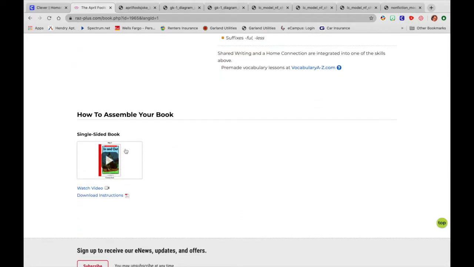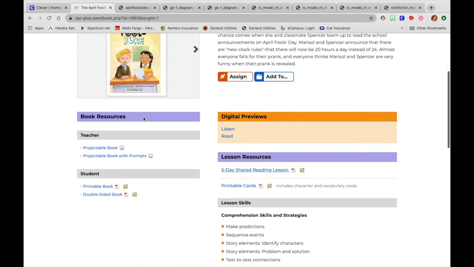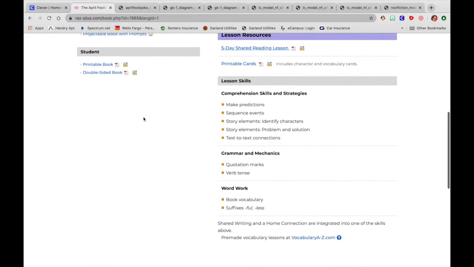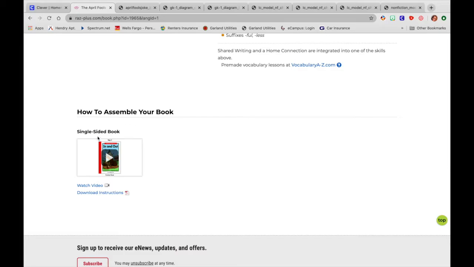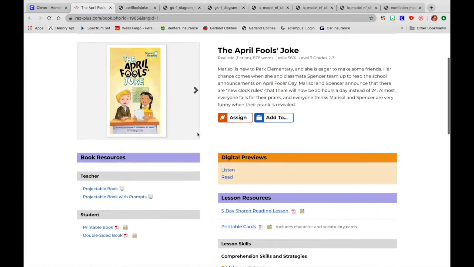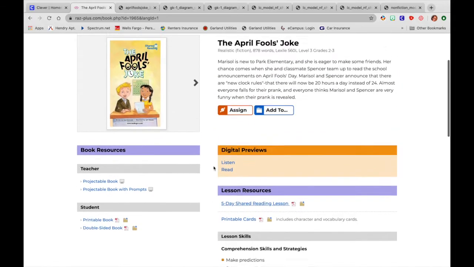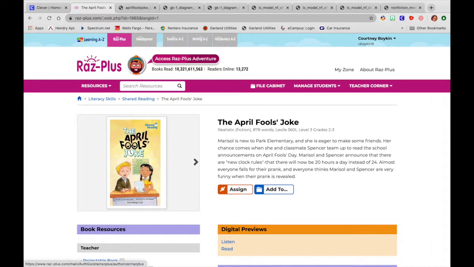And then right down here, you have an option on how you want to do your book. You can do double-sided or single-sided. They also include videos in case you need a little bit of help getting those books put together successfully. You have your comprehension skills and strategies. So again, this is shared reading.